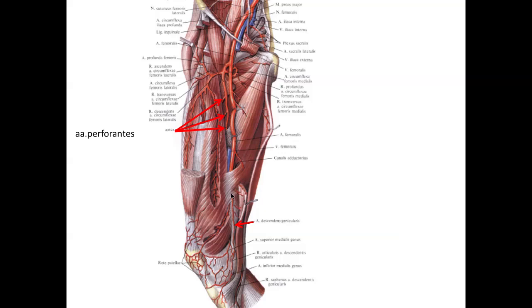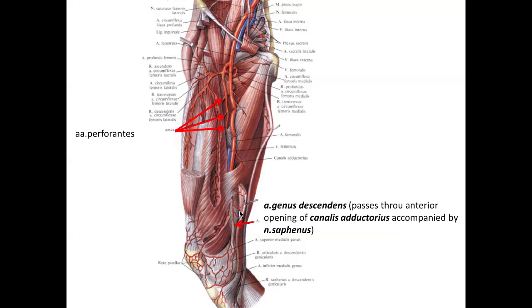And I'd like to demonstrate that this small vessel, arteria descendens geniculi, is a vessel which appears at this point.